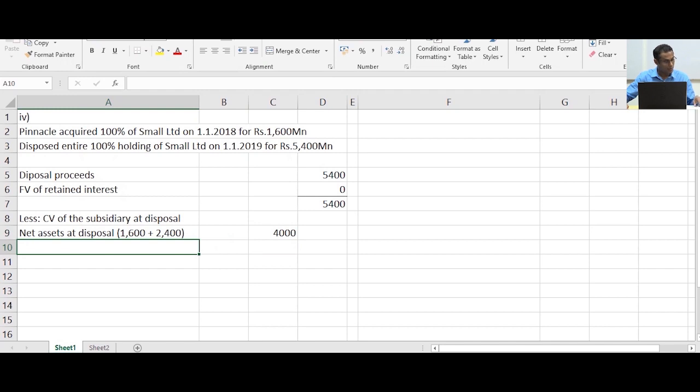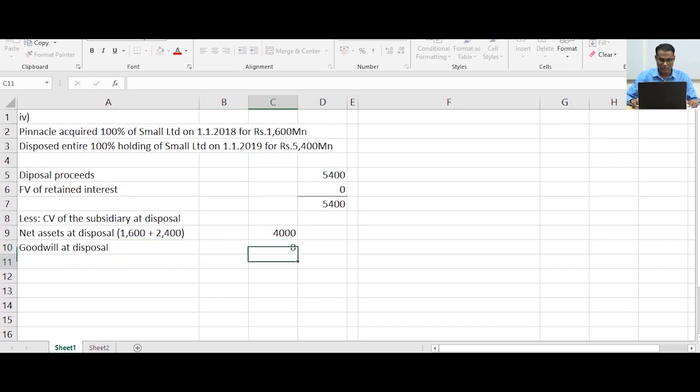In the pre-seen, on 1st January 2018, Pinnacle bought 100% shares of Small Limited at its incorporation for 1,600, and the share capital is also 1,600, which means there is no goodwill at acquisition. So for completeness, I will mention goodwill at disposal is 0.